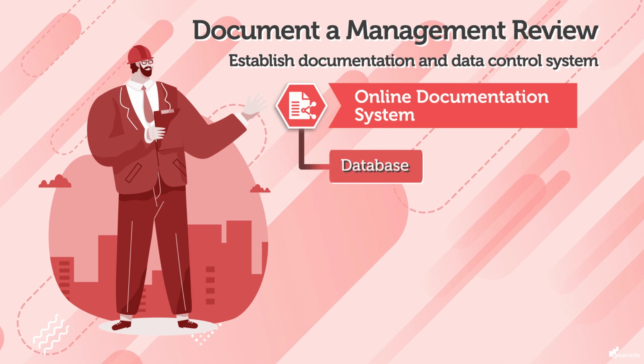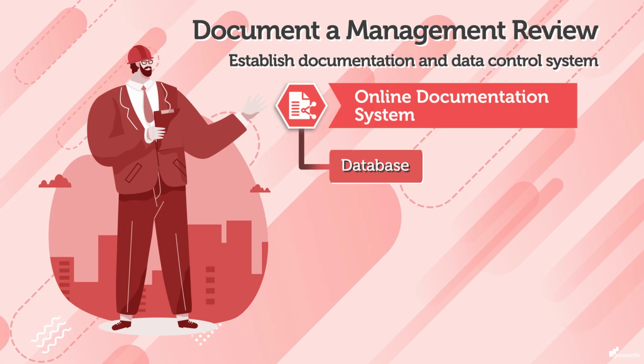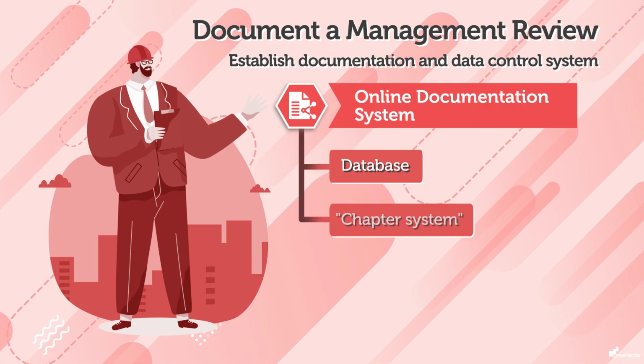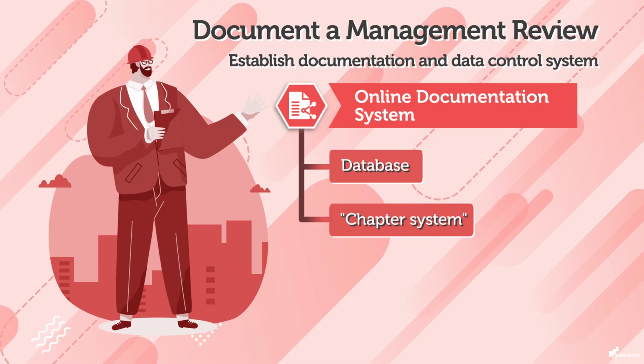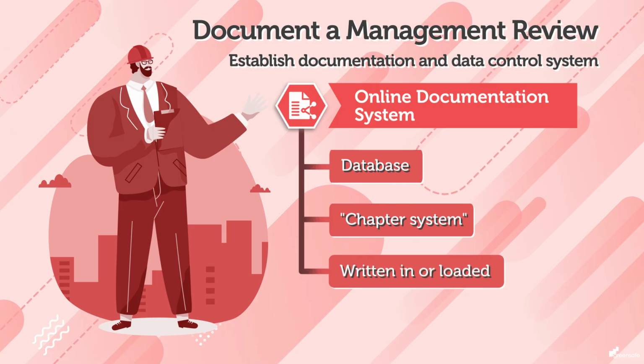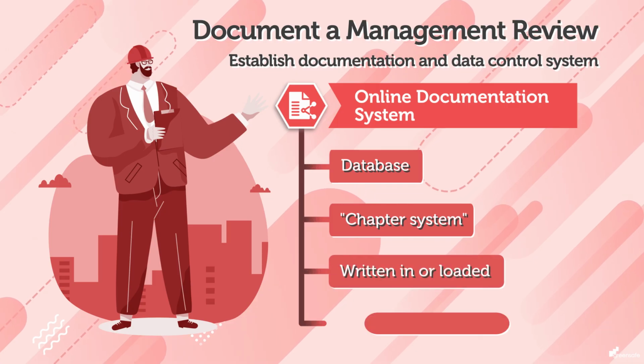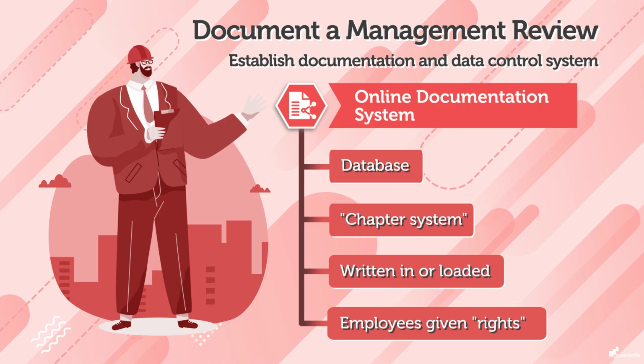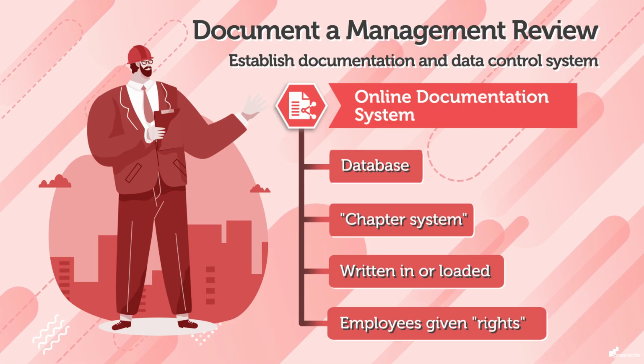A database is set up to contain procedures and work instructions. These may be organized in a chapter system with a chapter for each clause of the standard. Procedures and work instructions are written in or loaded into the system. Employees are given rights such as system administrator, author, editor, approver, and read-only, so as to maintain confidentiality of the data.